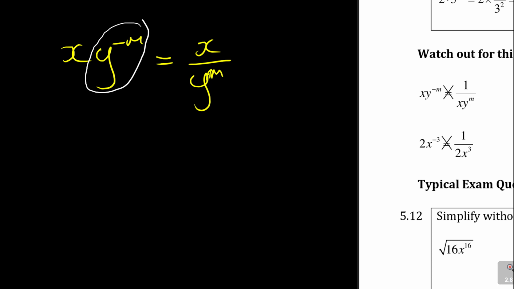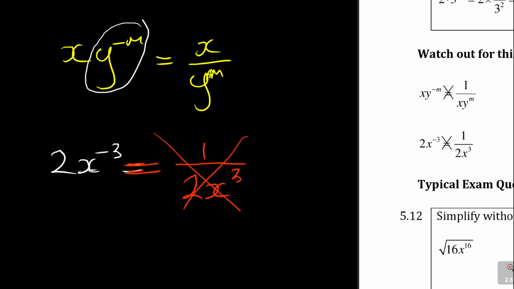Same thing they are saying here. If they give you 2x to the power negative 3, now, don't be tempted to go there. I'll make it red to say equal to 1 over 2x to the power of 3. That's wrong. But you must recognize that the negative 3 only affects the what?